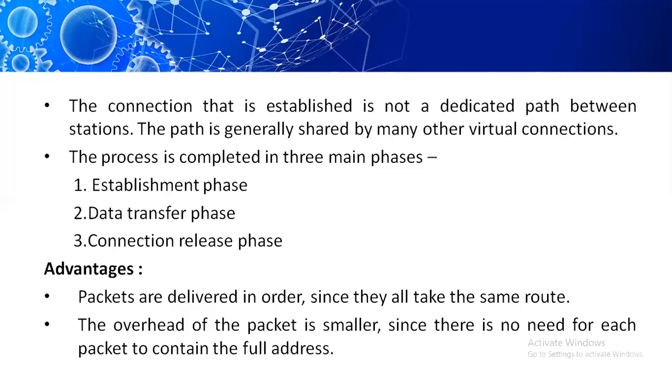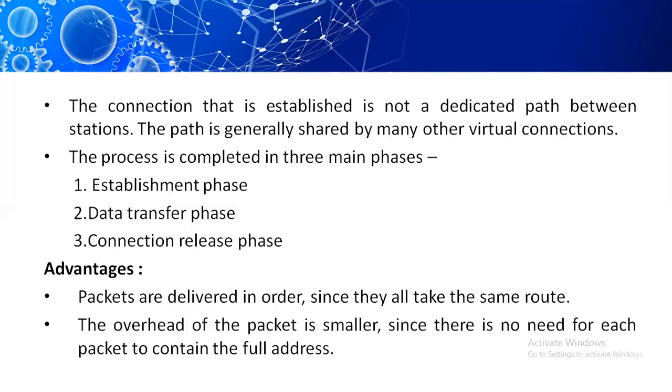After receiving the request from the receiver, the transmitter reduces the data rate. So this is the flow control. In the data transfer phase, there are two main processes: first error control and then flow control.